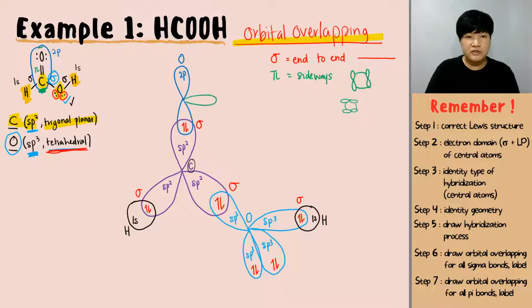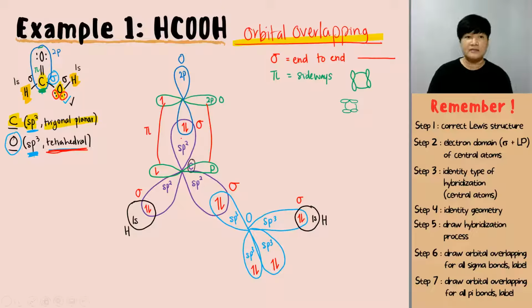For the oxygen, it's still a 2p orbital. For the carbon, also a p orbital. Remember your unhybridized p orbital? That is the p orbital that will form a pi bond. Kind reminder, the electron in the 2p orbital and the p orbital must be in opposite spin so that they can overlap and form a pi bond.